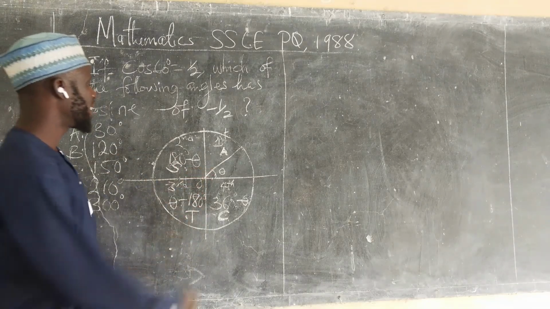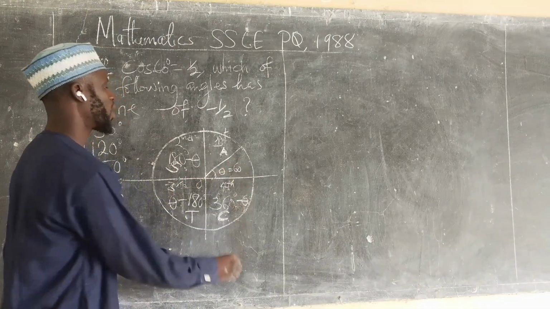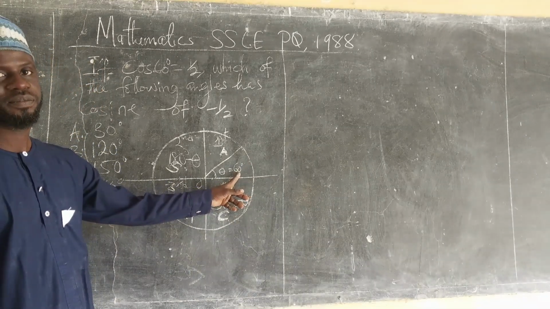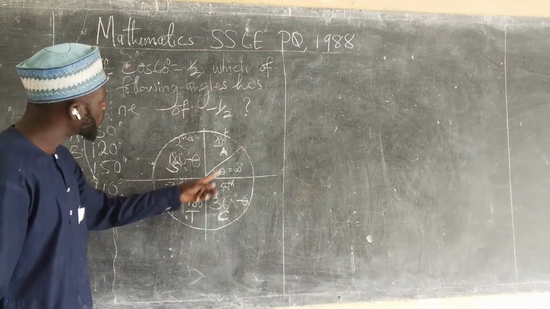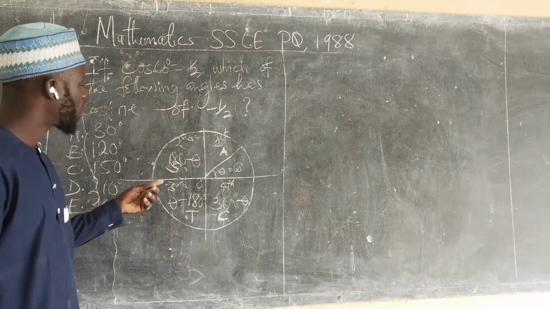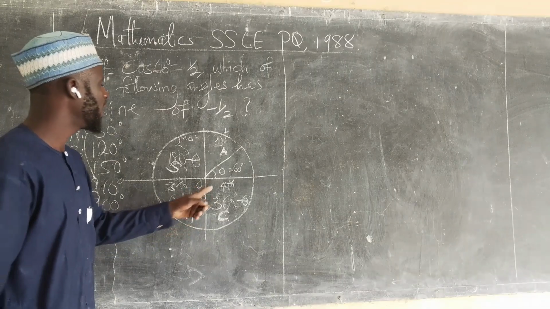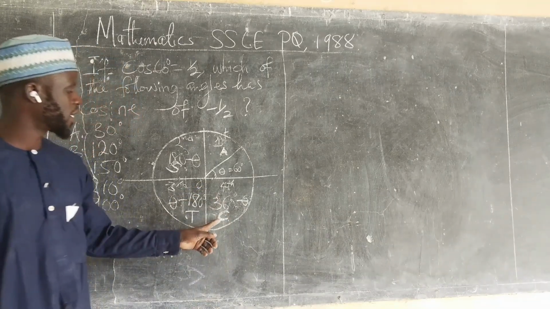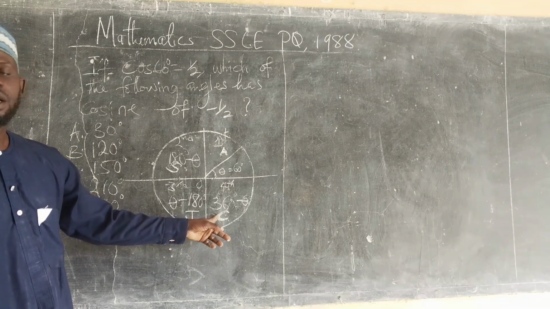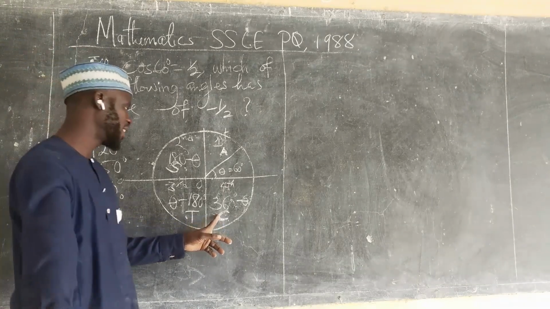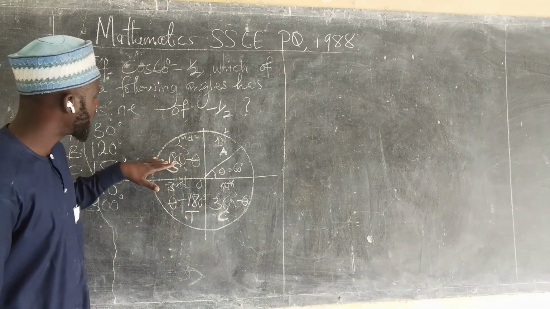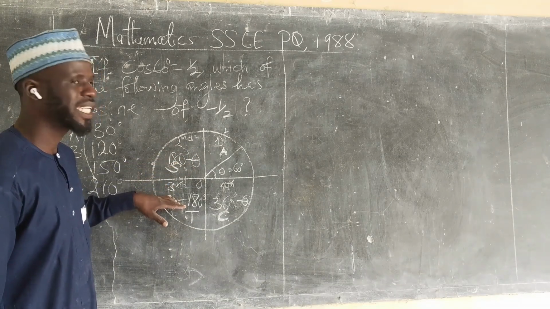So we have 60 degrees here in the first quadrant, meaning its cosine is positive. Now let's check the other quadrants where cosine is negative. The fourth quadrant is excluded because the cosine of any angle falling in the fourth quadrant is positive. So we are left with the second and the third quadrant to check.